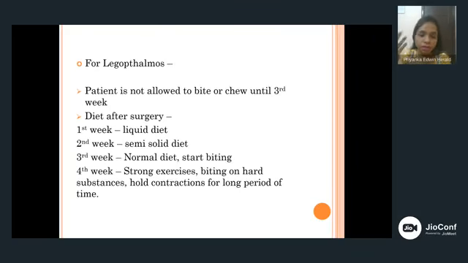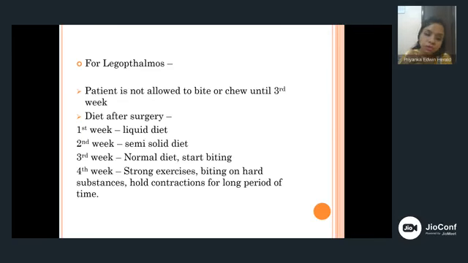And for lagophthalmos, as I have discussed earlier, the temporalis muscle is transferred for orbicularis oculi muscle action. There is a specific diet after the surgery: in the first week only a liquid diet is given, in the second week a semi-solid diet is given, and in the third week a normal diet is given, meaning the patient starts biting.